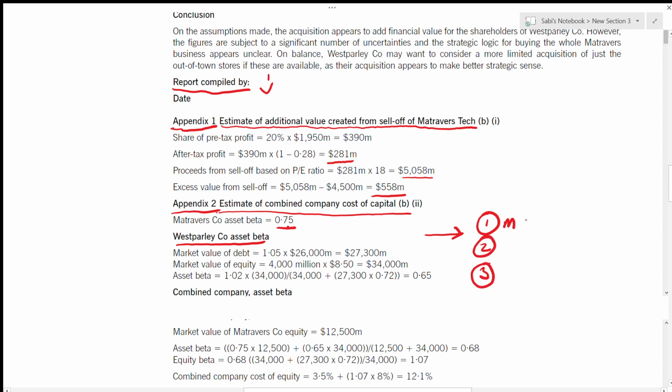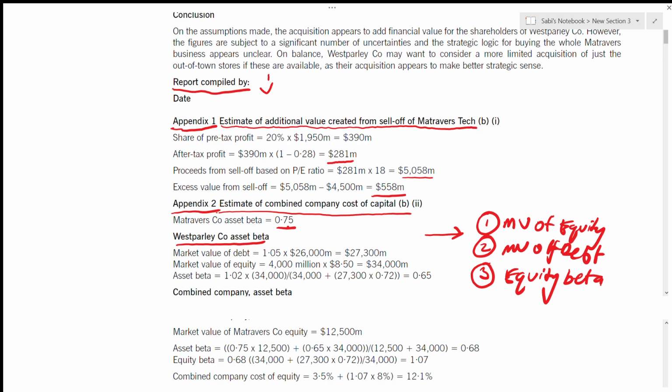Market value of equity. Market value of debt. Make these notes for your future reference so that you don't keep forgetting, because it's very confusing where to start. And then equity beta. With all these three things, you can find the asset beta.